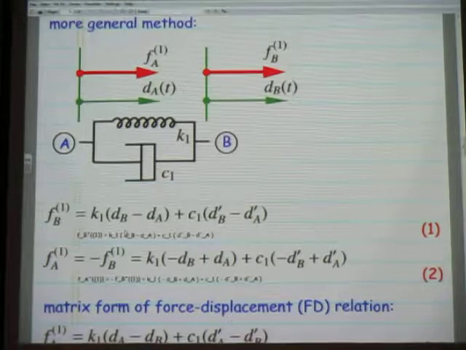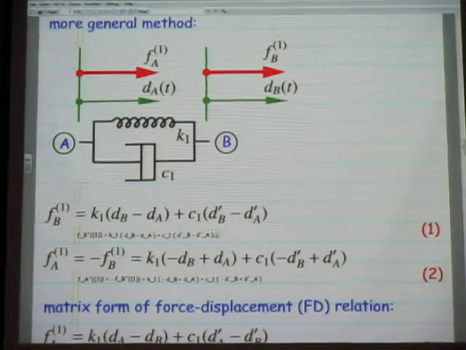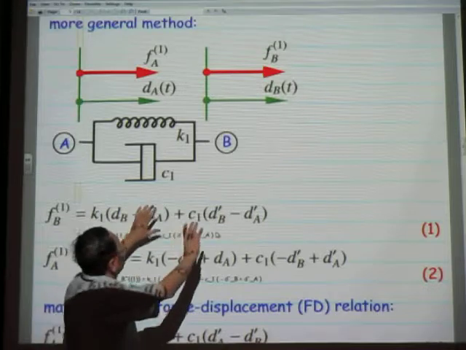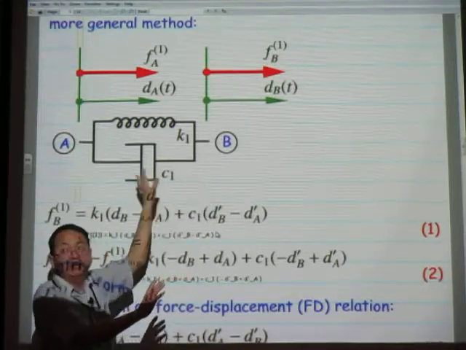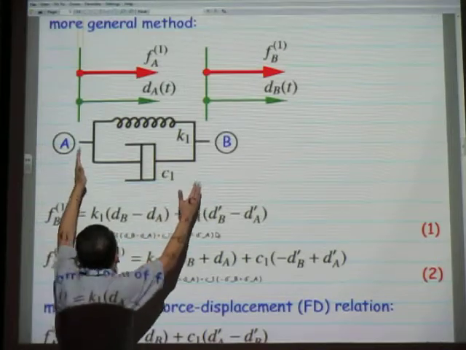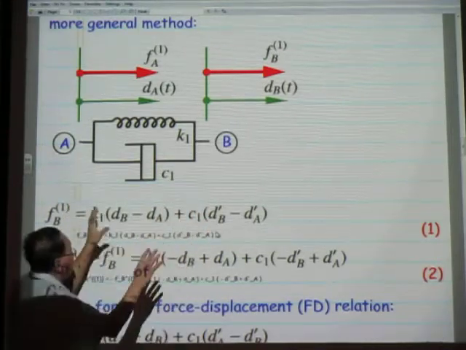From this, the derivation of the stiffness matrix in the finite element method follows this thought process, where both nodes A and B are moving.